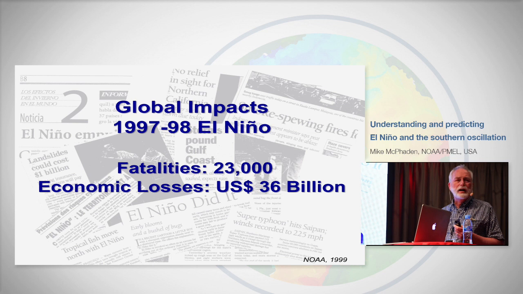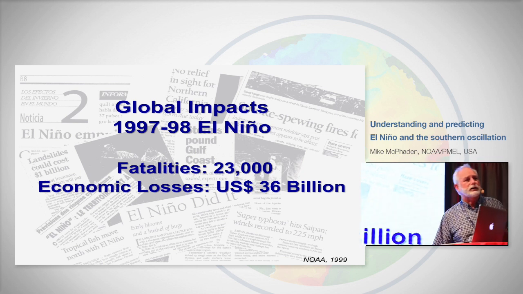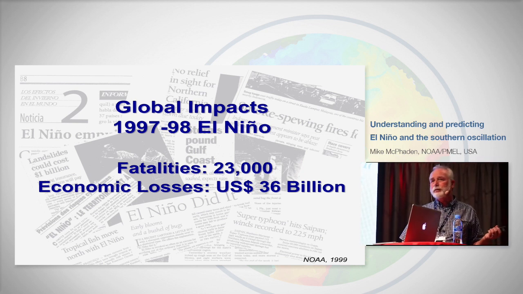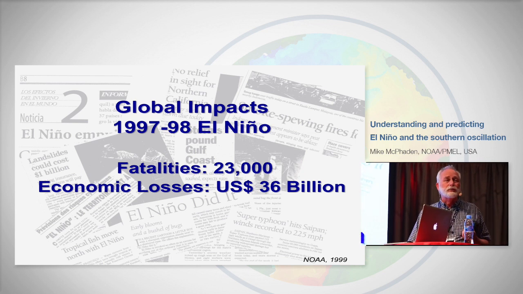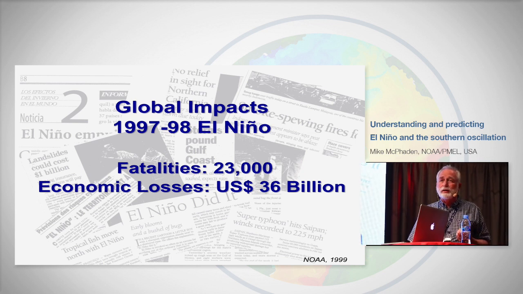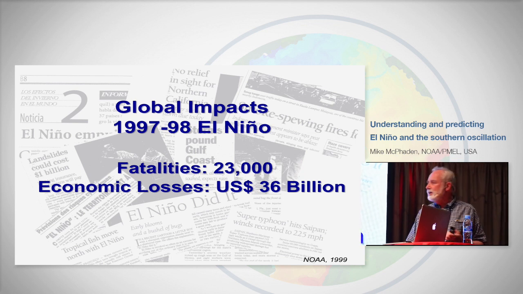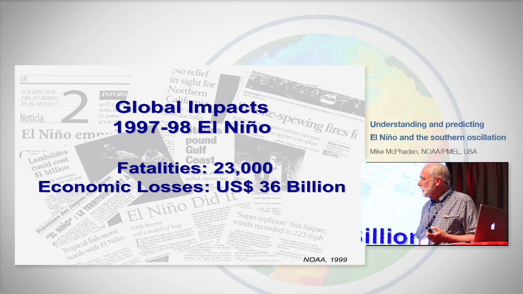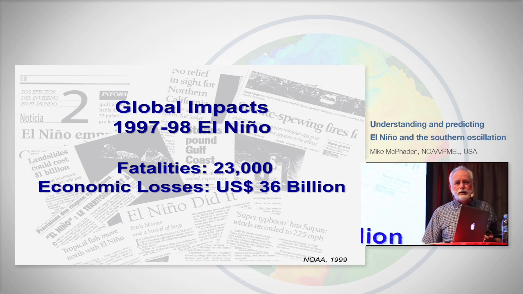These are 1999 dollars; today that's about 55 or 60 billion. Most of the economic losses were in the developed world, because that's where wealth is concentrated. Most of the fatalities were in the developing world, primarily through the spread of infectious and contagious diseases like malaria, dysentery, and cholera.